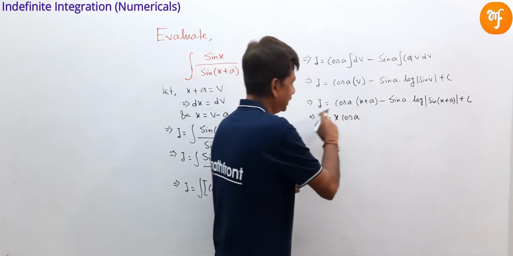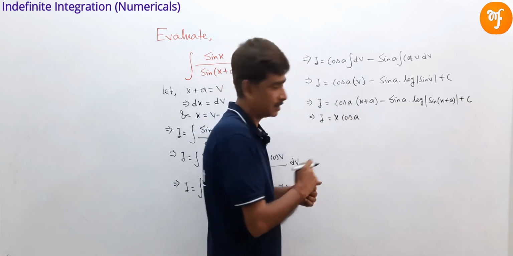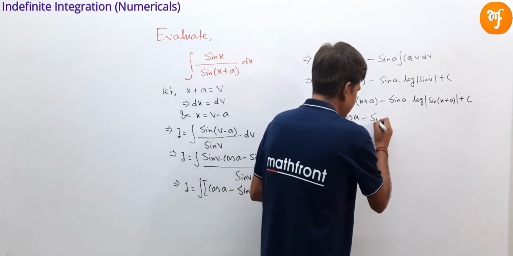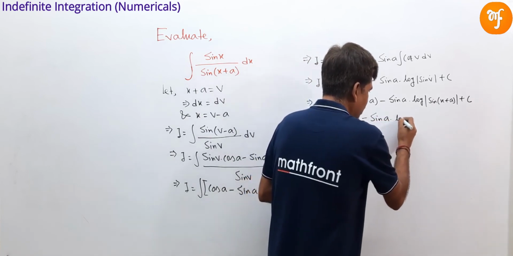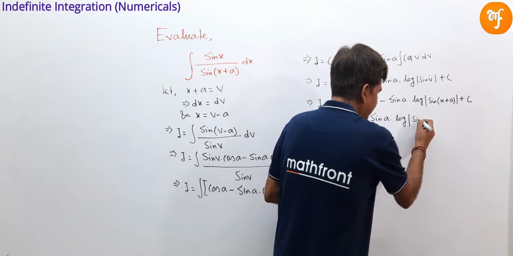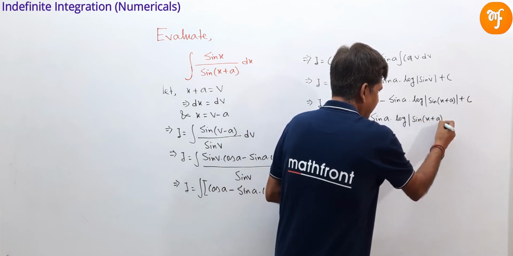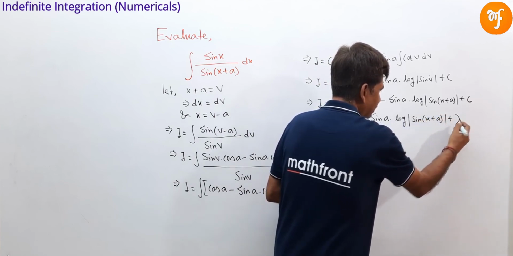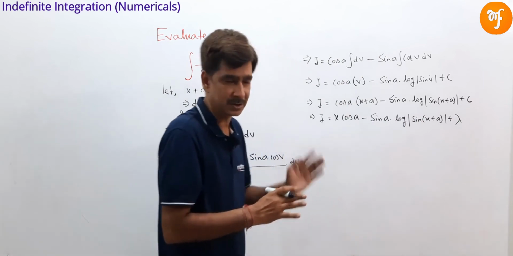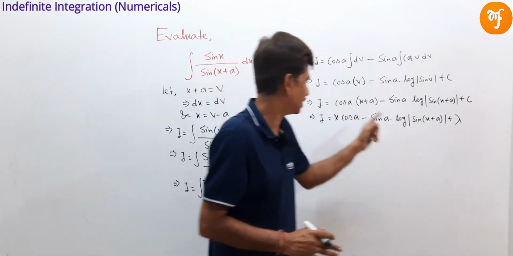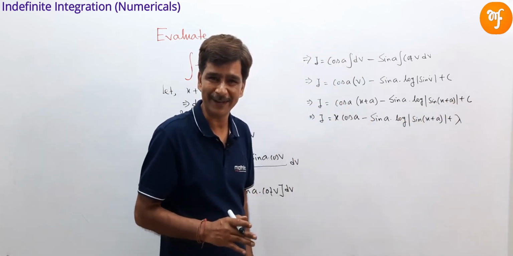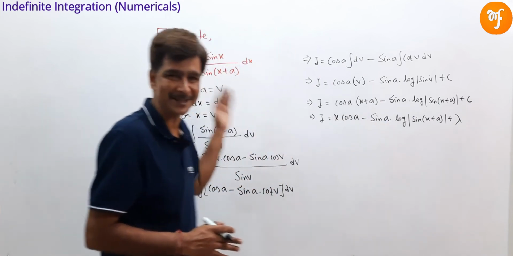So the integration becomes x into cos a minus sin of a into log of mod of sin of x plus a plus lambda, where lambda is the constant which is basically equal to c plus a into cos of a. So this is the answer for this integration.